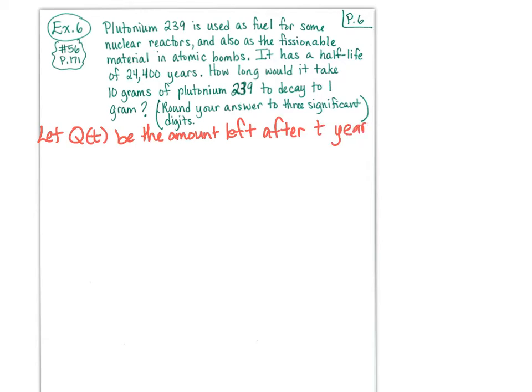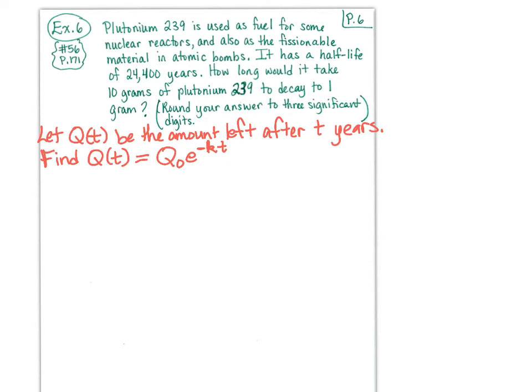Okay? We want to find Q of T, which has the form Q naught e raised to the negative K times T. Okay, so we are dealing with an exponential decay function.